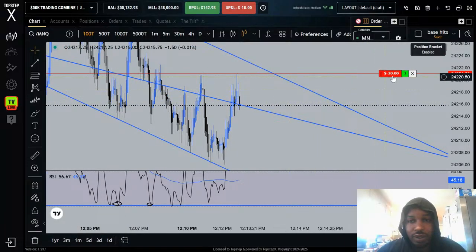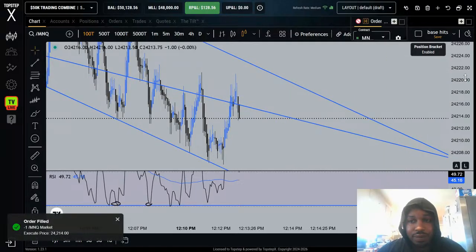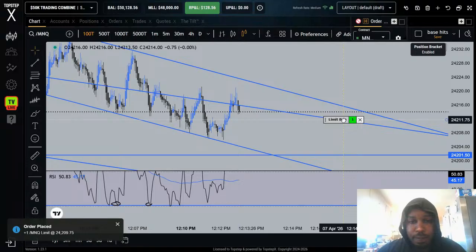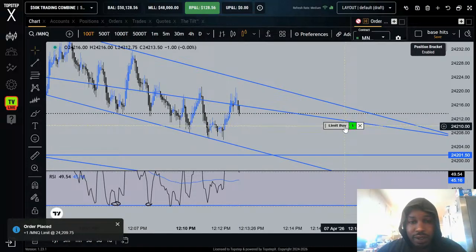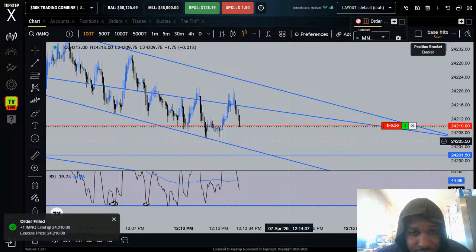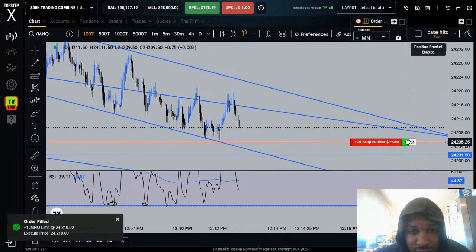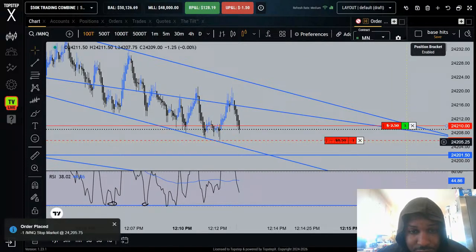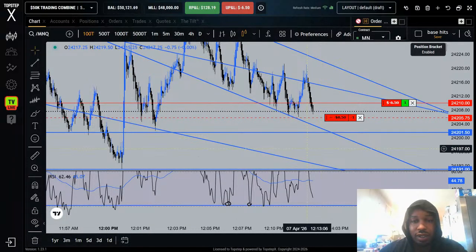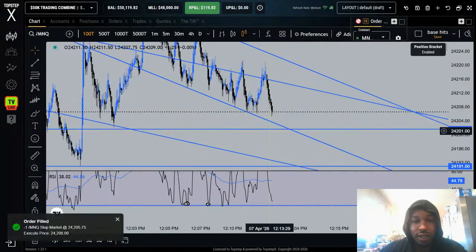Oh my goodness, that's horrible location. We'll go ahead and exit that. Horrible location. Try to get it back down here. There we go. Put my stop loss right there. Now if it breaks down here, it's automatically just gonna come on down here.